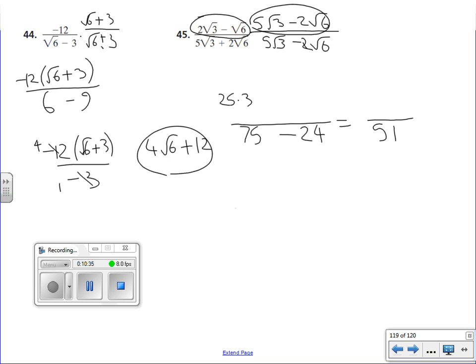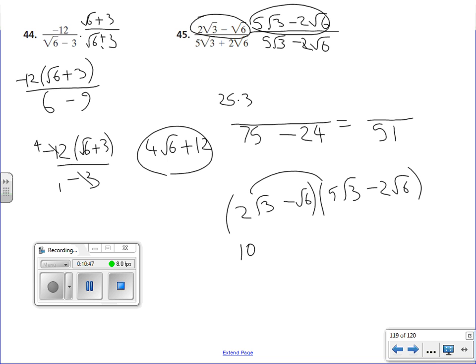Now we do the tough bit, which is multiplying these two together. That's a case of foiling. So 2 root 3 minus root 6 times 5 root 3 minus 2 root 6. First, it's going to give us 10 root 3 times root 3 is just 3, gives us 30. Outers, it's going to be negative 4 times root 18.